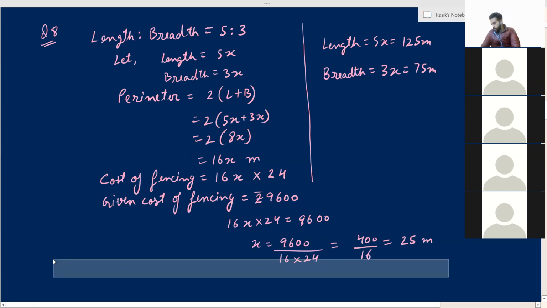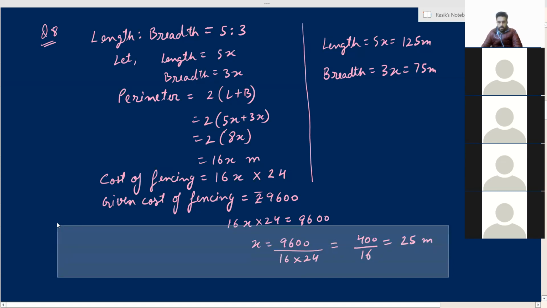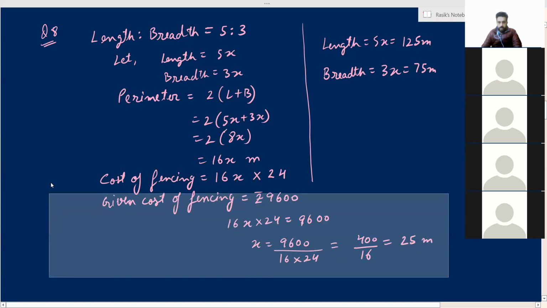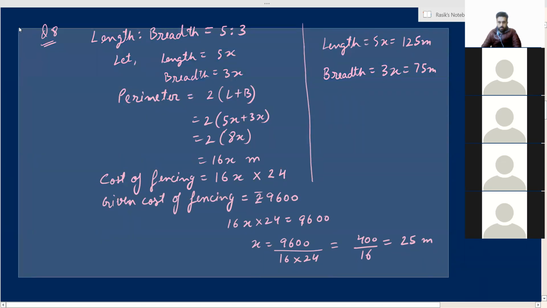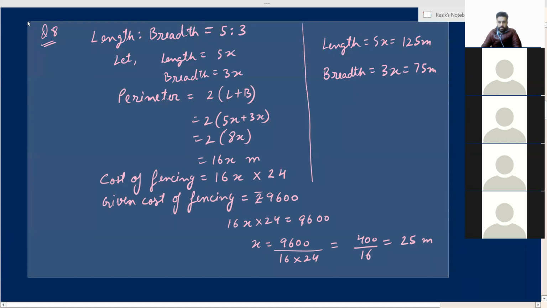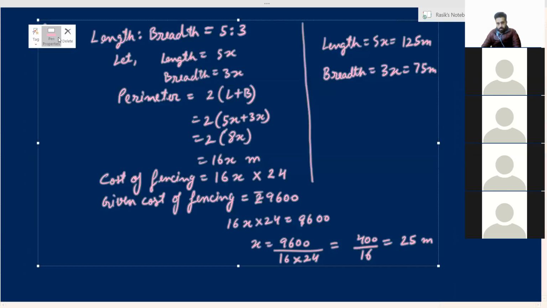Beta, what can we do? Are you having a Wi-Fi connection or a mobile connection? The Wi-Fi. Get your Wi-Fi connection checked once. Now, just now when you said check your Wi-Fi, I'm able to see everything.